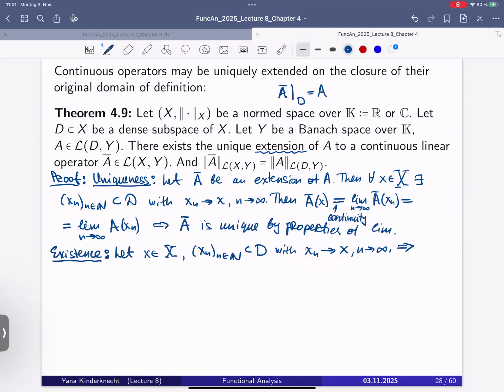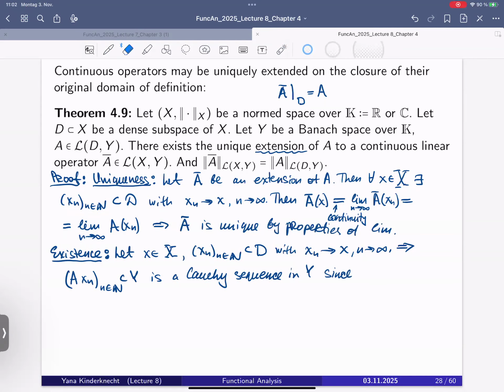But then A of xn is a Cauchy sequence in Y, since A is Lipschitz.